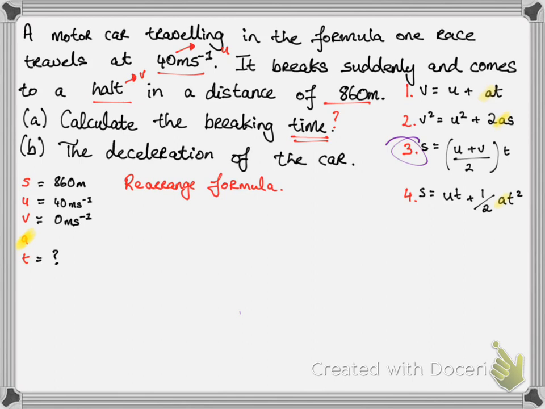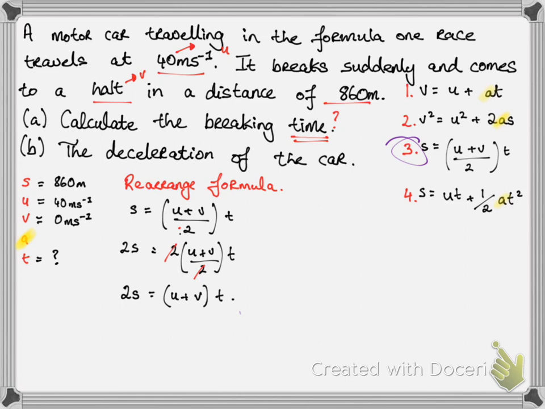But we have to rearrange the formula so that t equals everything else. So s is equal to (u + v)/2 times t. So 2s is equal to (u + v) times t. If you're wondering where we're getting the 2 from, (u + v) divided by 2 is the same as half of (u + v), so you're multiplying by 2 to get rid of that division by 2.